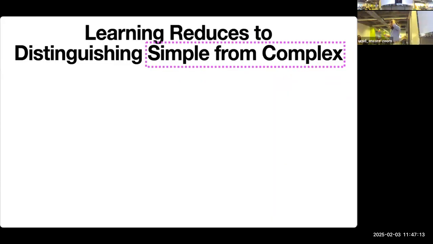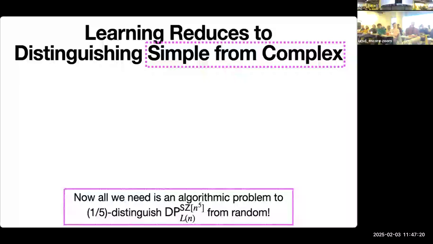All right. So now we know almost all of these words. We know what we're shooting for and what we need. We just need an algorithmic problem that 1/5 distinguishes this guy, the direct product generator, where we've taken the n to the 5th size circuits and turned all of those into DP generators for some F. And we have the flexibility to set L in response to this algorithmic problem.